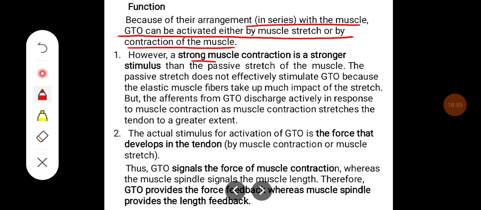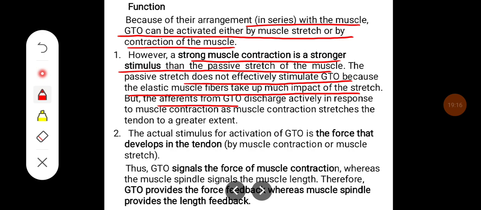However, strong muscle contraction is a stronger stimulus than passive stretch of the muscle. The passive stretch does not extensively stimulate Golgi tendon organ because the elastic fibers take up much impact of the stretch. But the afferents from Golgi tendon organ discharge actively in response to the contraction, as muscle contraction stretches the tendon to a greater extent.